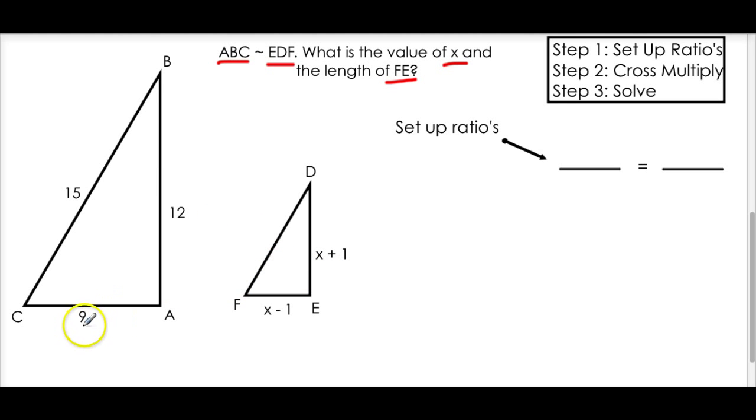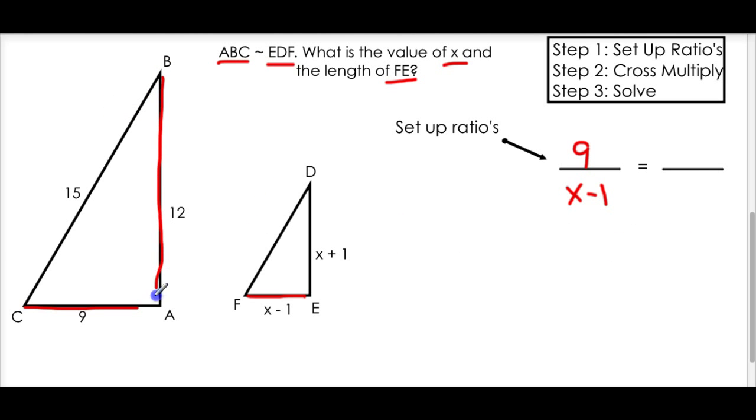We know that the ratio of CA to FE, right, our two shortest sides, is going to be 9, which is part of our bigger triangle, over x minus 1. Okay? And then we can set up our next ratio, and that's this.